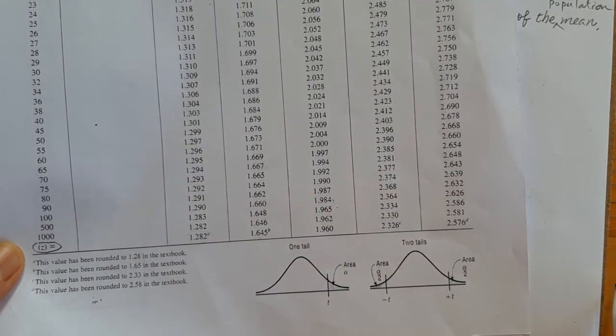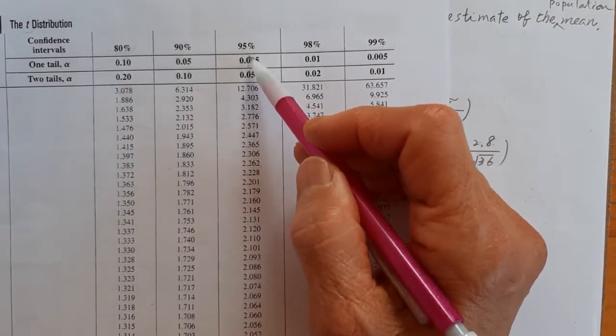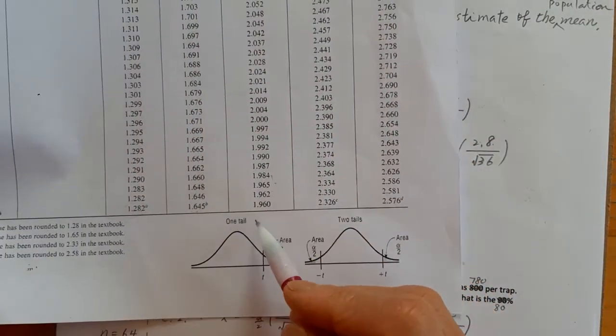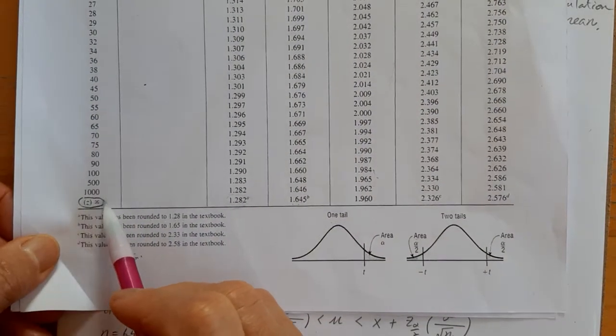Z score. And if the confidence interval asks you for 95%, then the Z score on the bottom is 1.960, which is 1.96. So use the bottom one.